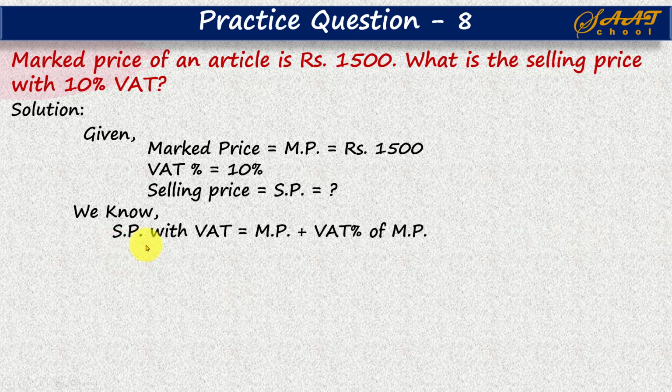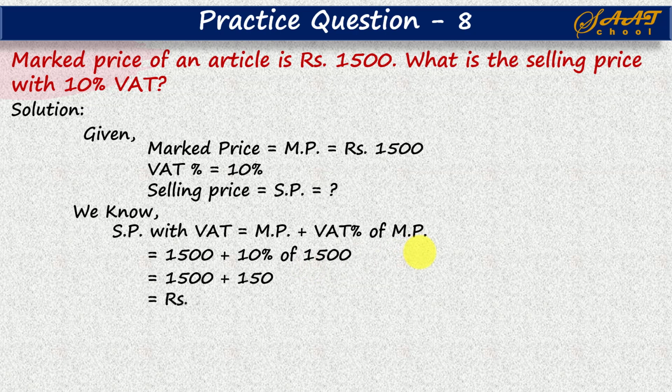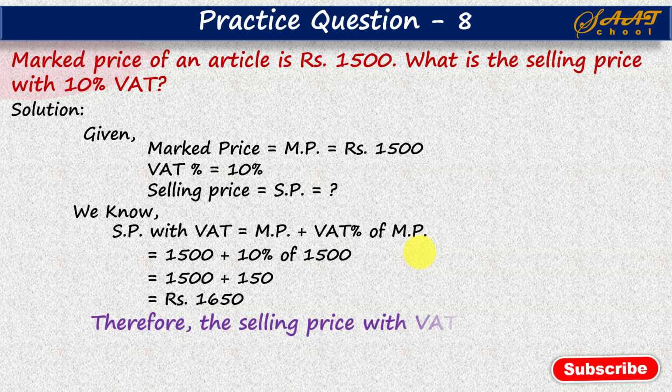Again, this is selling price with VAT when the discount is not given. 10% of 1500 is equal to 150. So if you sum 1500 and 150, then that is Rs 1650. So that is the selling price including VAT. Therefore, the selling price with VAT is 1650.